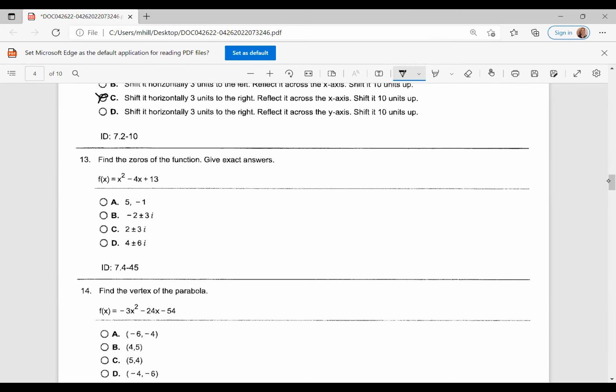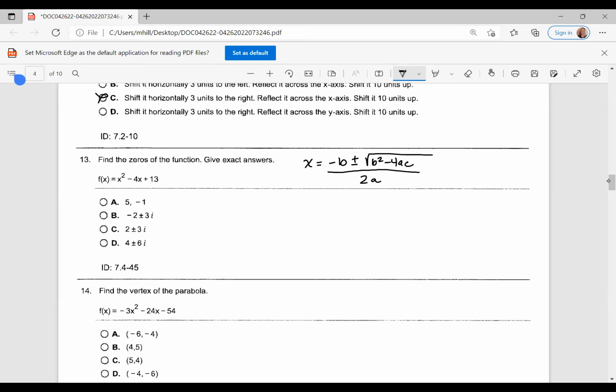The quadratic formula says to find x, you're going to do negative b plus or minus the square root of b squared minus 4ac all over 2 times a.